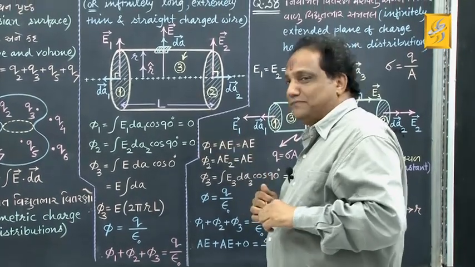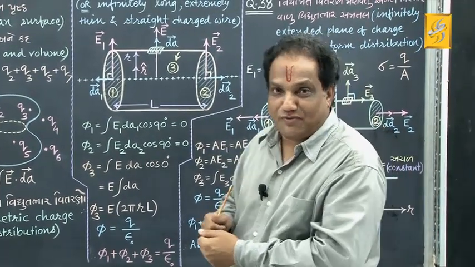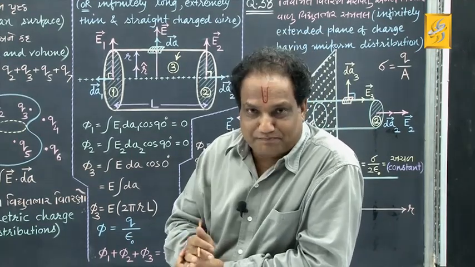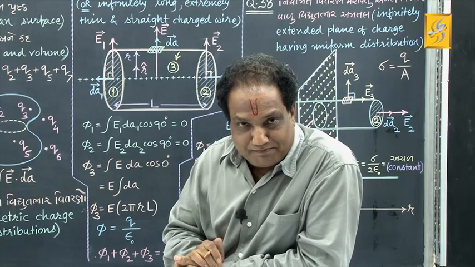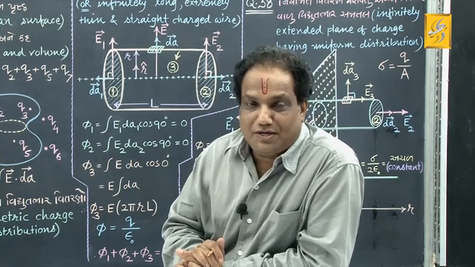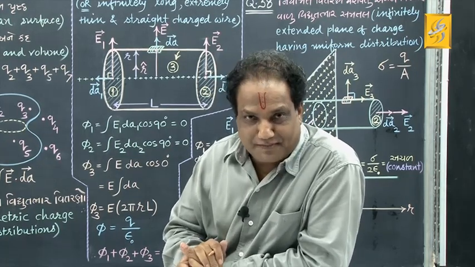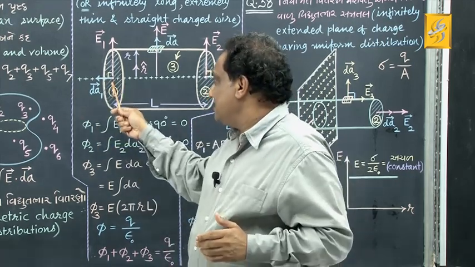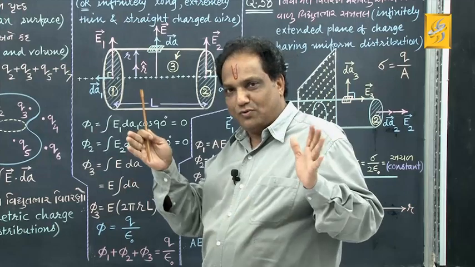I told you about the cylindrical Gaussian surface, correct? You can think of a drum. You must have seen a drum, correct? In Gujarati it is called dhol. Now the drum has 2 sides, left and right, I mean 2 ends, okay?